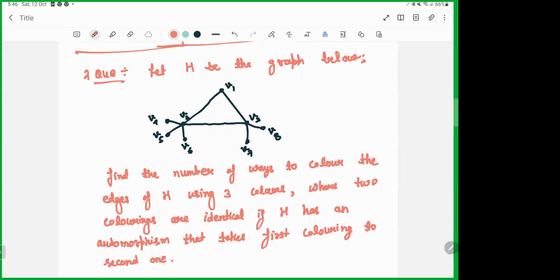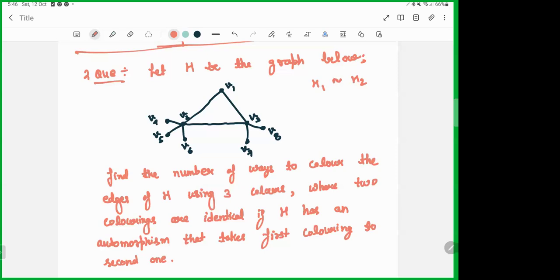The automorphism that takes the first coloring to the second one, this part is a bit complex. So this is saying, suppose you have 2 colorings of this graph H. They are said to be equivalent if there is an automorphism taking one to the other. Basically, suppose you have one coloring H1 and another coloring H2.